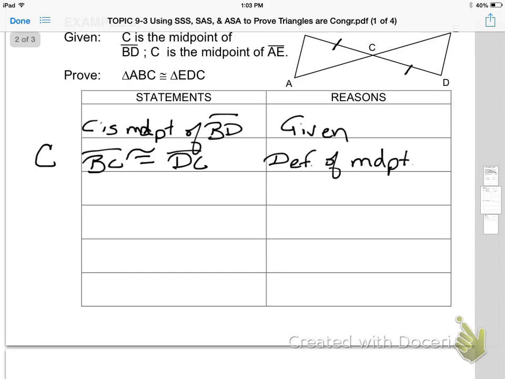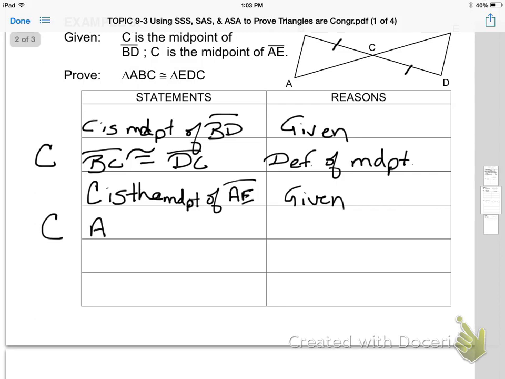Then our second given is that C is the midpoint of AE. Okay, that's also given. So that means that AC is congruent to EC. And again, that's also by the definition of a midpoint.